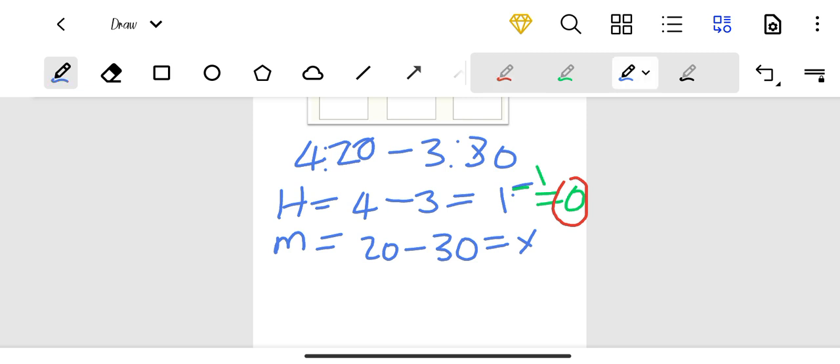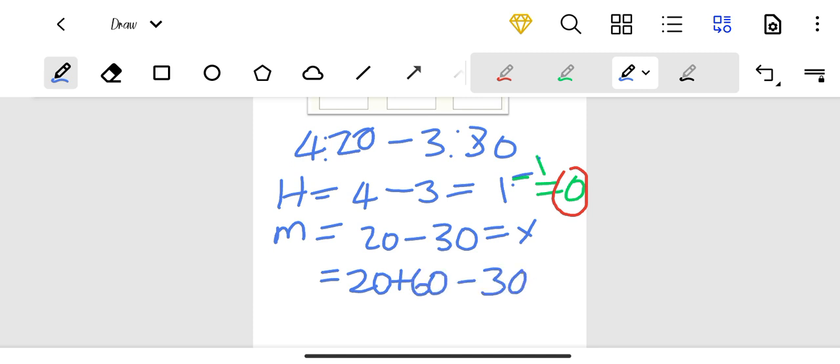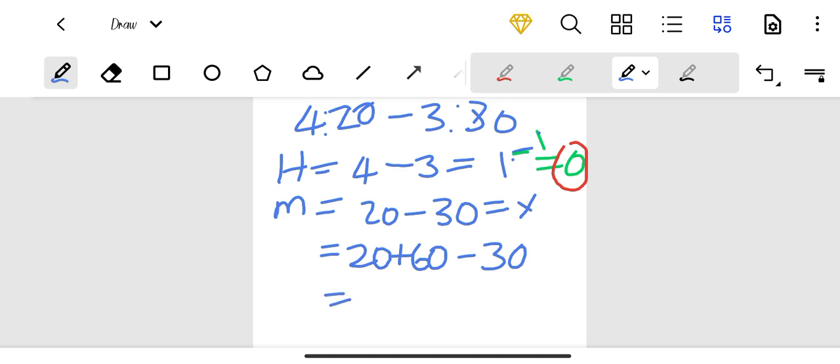The next thing we're going to do, this is equal to 20 plus 1 hour, and an hour is made up of 60 minutes. So we're going to say plus 60 minus 30. 20 plus 60 is going to be 60, 70, 80, and then minus 30 is going to be 50.